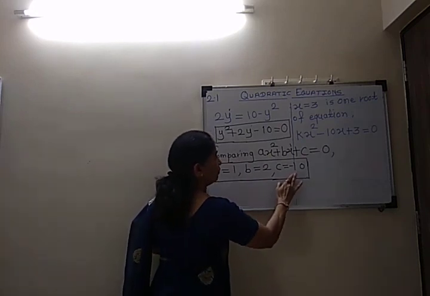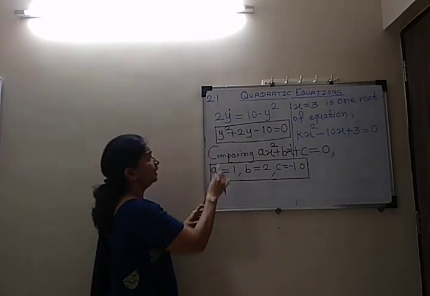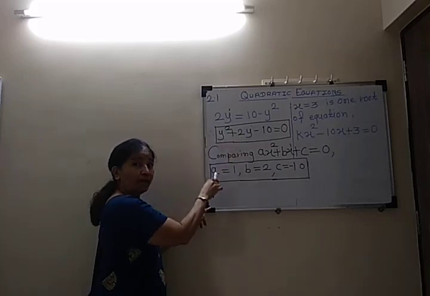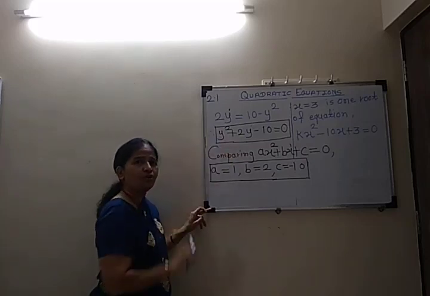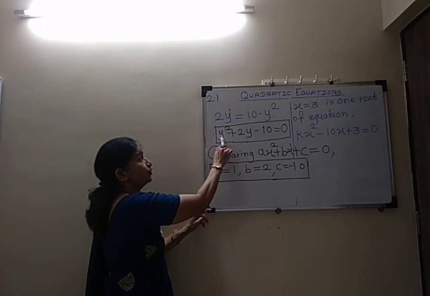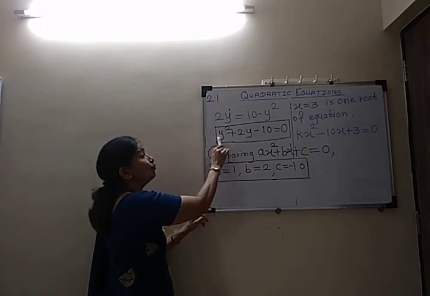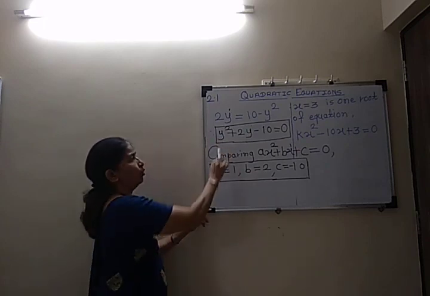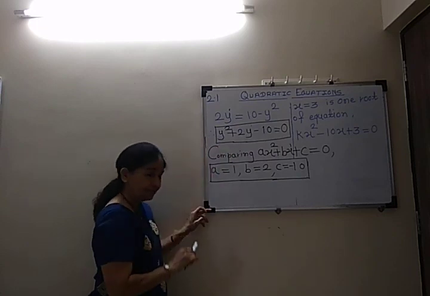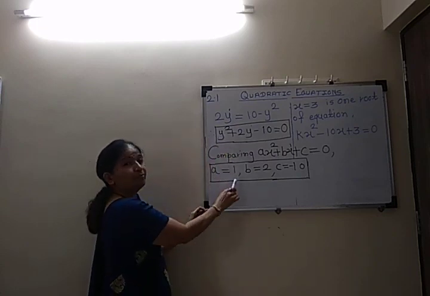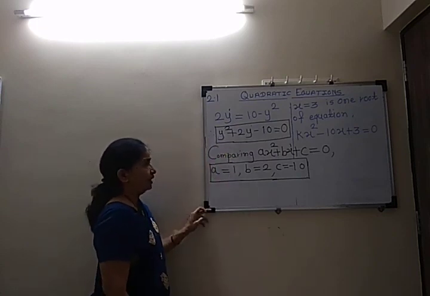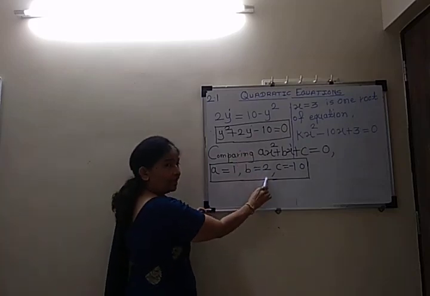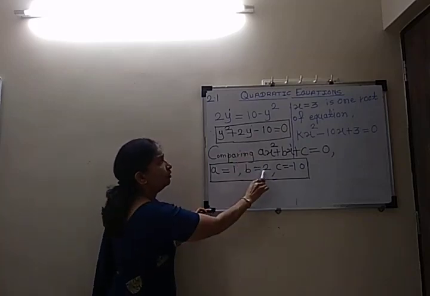So, that's why I saw here that a is 1. How is a equal to 1? Because y square means 1y square. So, the coefficient of the square term came as 1. B I wrote as 2. Why 2?